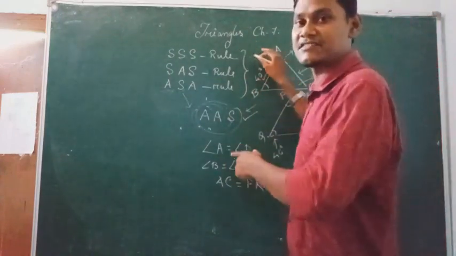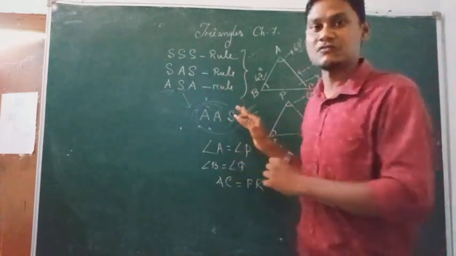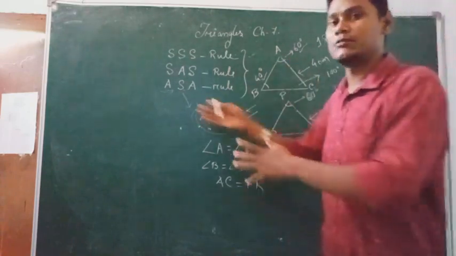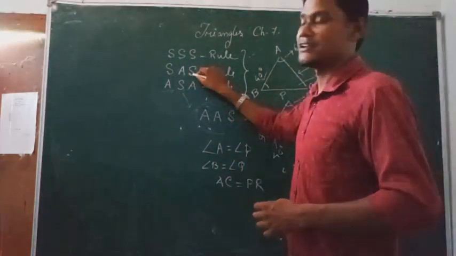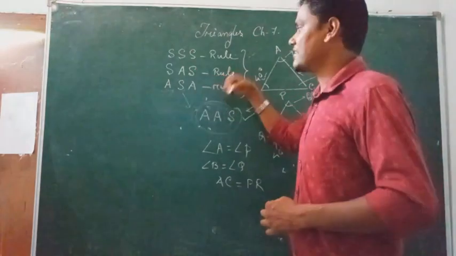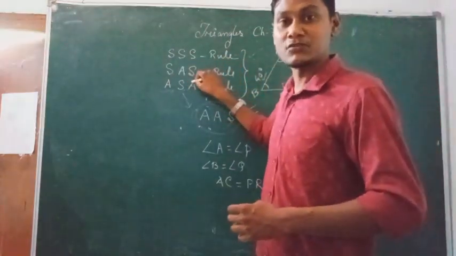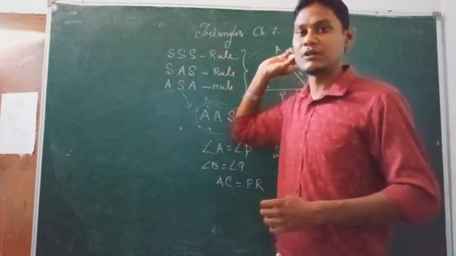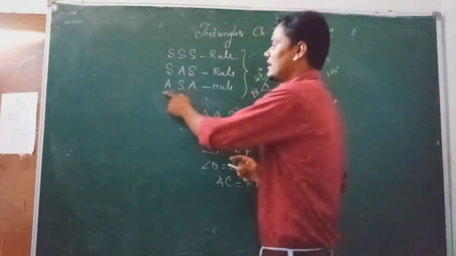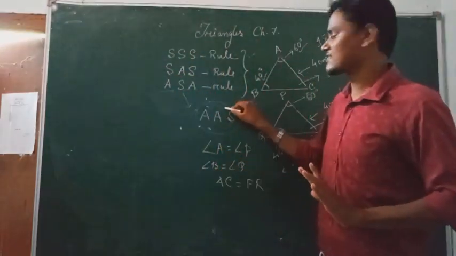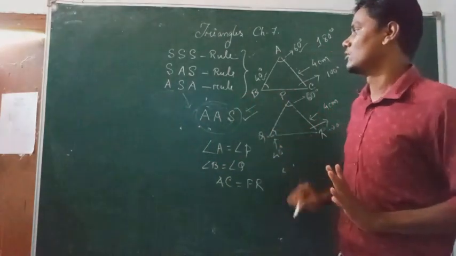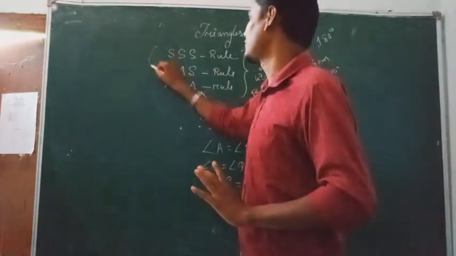The side side side rule: all three sides of one triangle have to be equal to those of the other. Side angle side: two sides of one triangle have to be equal to two sides of the other triangle, and the angle included between the two sides has to be equal. Like that we have the angle side angle rule, and just now we discussed the angle side rule. So these are the four rules that we have got.